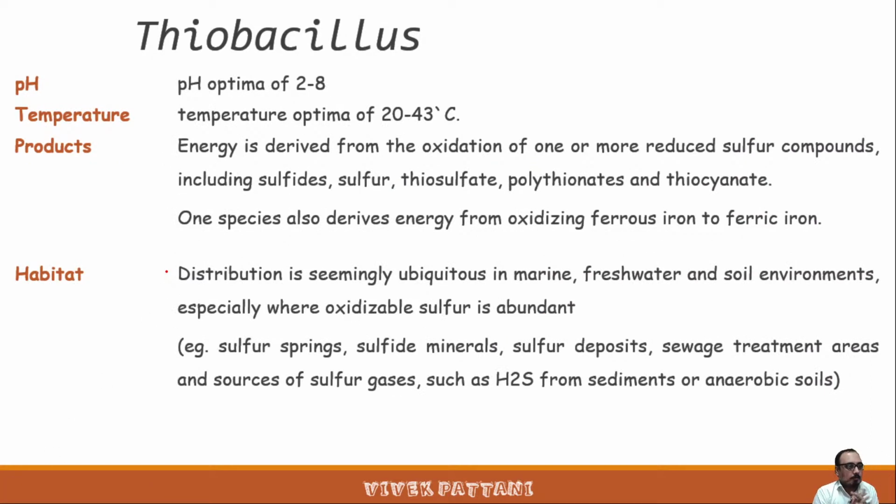The pH optima of Thiobacillus is around 2 to 8 with a temperature optima from 20 to 43 degrees Celsius, and the energy is derived from the oxidation of one or more reduced compounds including sulfides, sulfur, thiosulfate, polythionates, and thiocyanate. One species also derives energy from oxidizing ferrous ion to ferric ion.